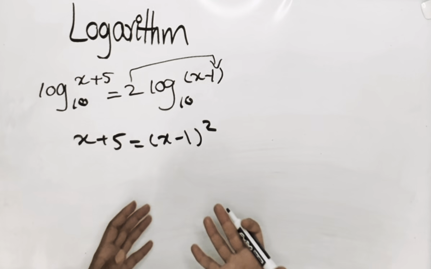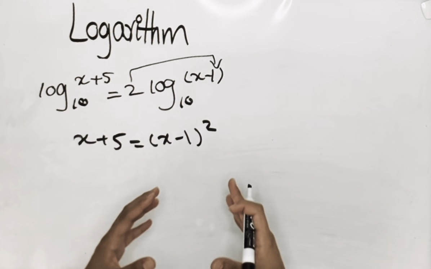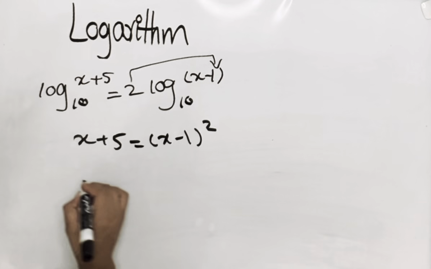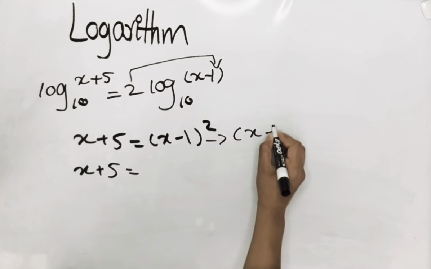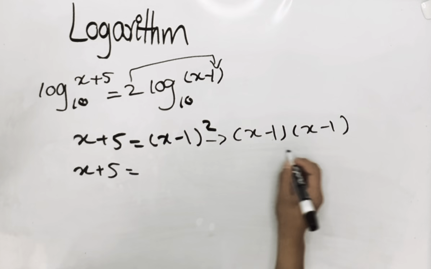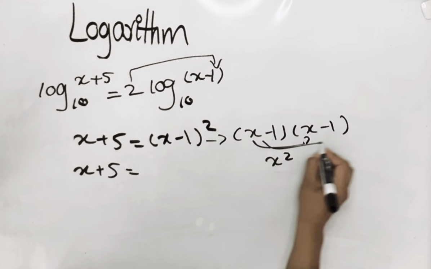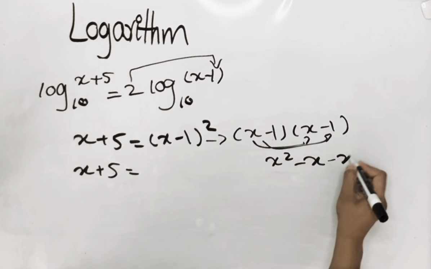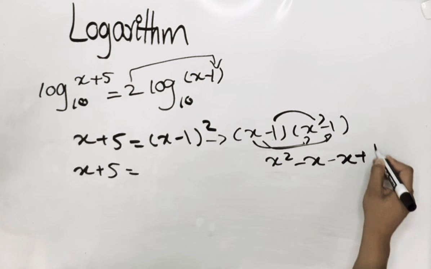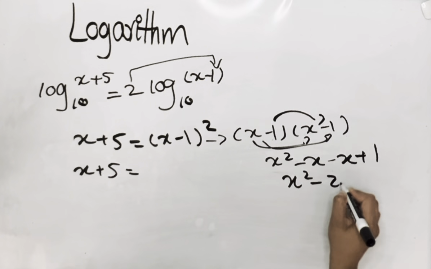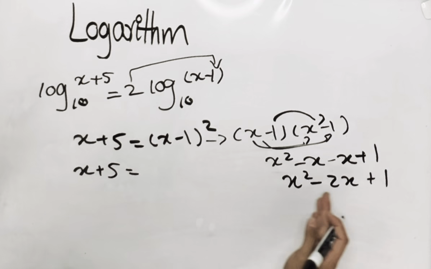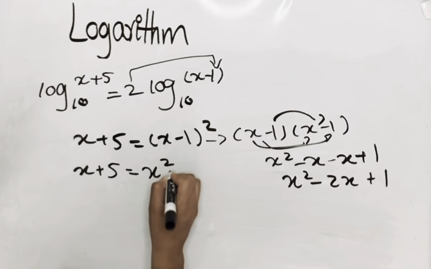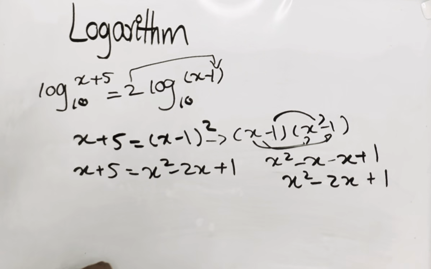We know that this is just x minus 1 multiplying itself two times, so we can just expand that, and we know that's x squared, negative x, negative x, and positive 1. That's x squared minus 2x plus 1. You can also use shortcuts, but I just wanted to distribute it and show you guys how we can figure that out. It's x squared minus 2x plus 1.